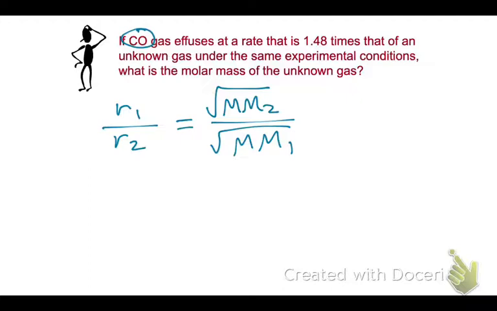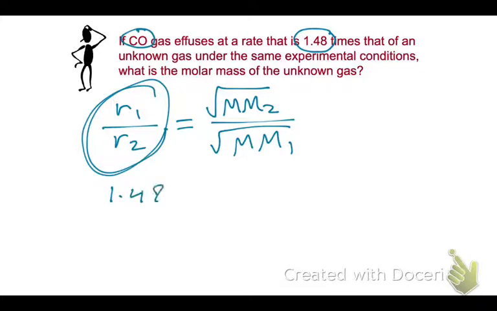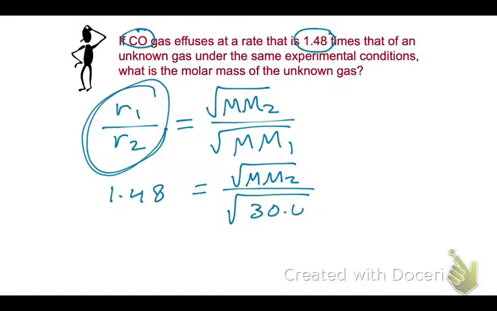Now, they're saying that the rate of carbon monoxide effusion is 1.48 times faster, which means the whole ratio equals 1.48, right? This is the ratio of the speed. So then 1.48 equals the square root of the unknown over the square root of my known, which is carbon monoxide, 14 plus 16, that is 30. That's the square root of 30.